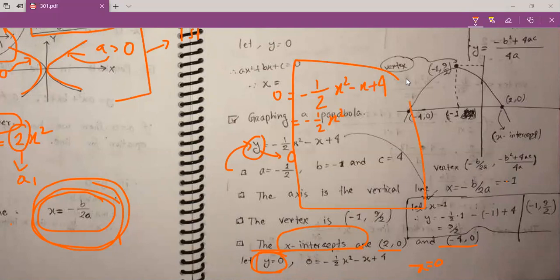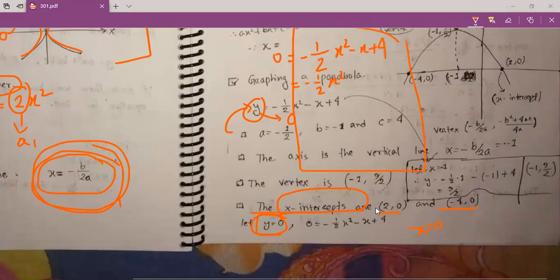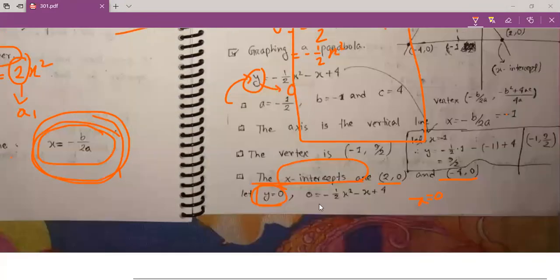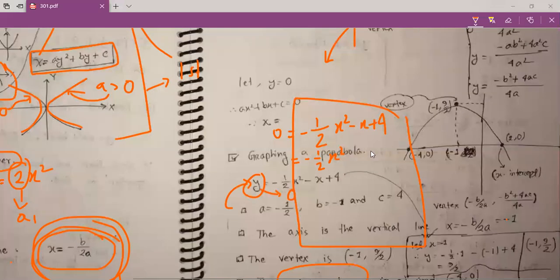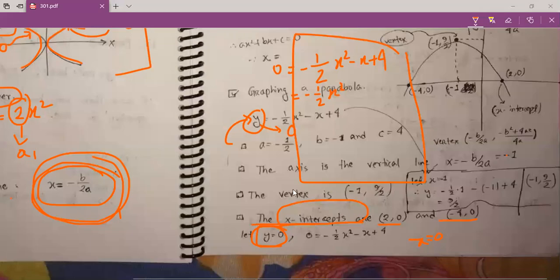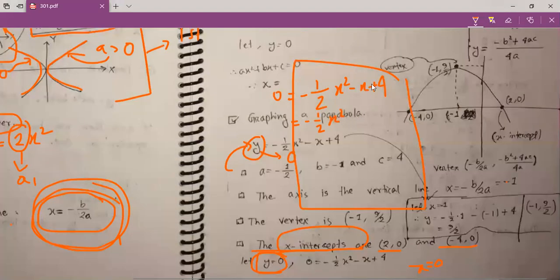Let me give you another example. 4 multiplied by 1/2 will be 2, so we have to divide by -2.